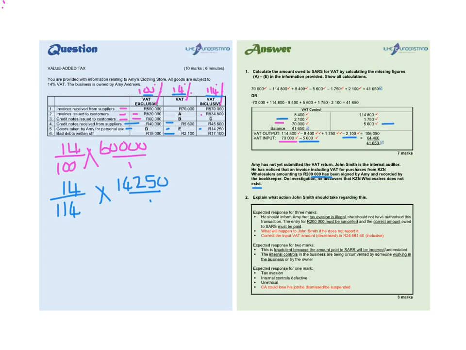The internal controls in the business are being circumvented by someone working in the business or by the owner. So either the employee or the owner is responsible for this fraud. If you only have to answer this question for 1 mark, you can only just say tax evasion, internal controls is not good enough, or it's unethical.